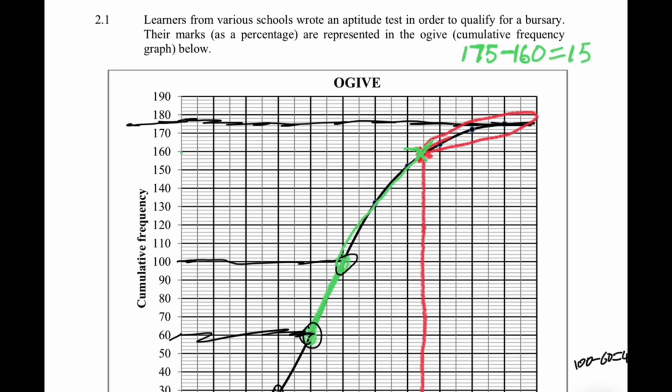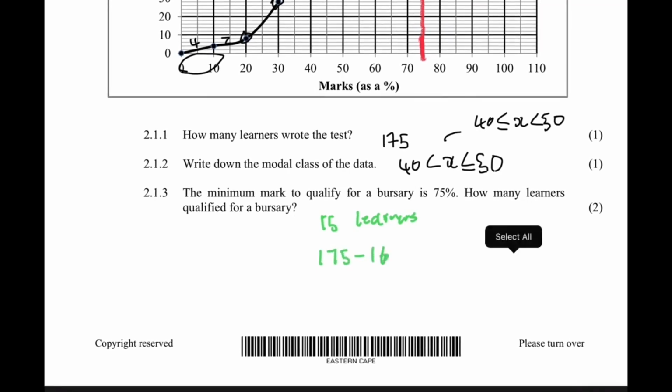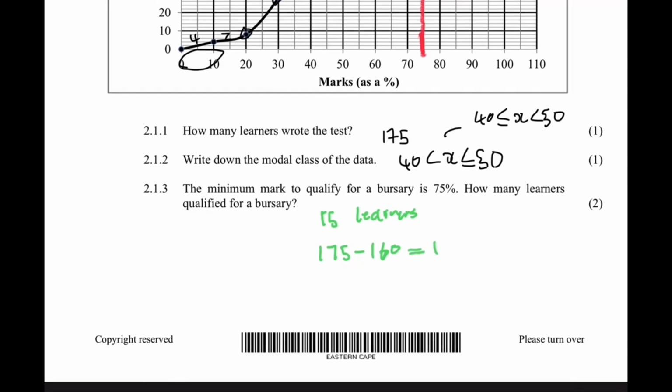So only 15 learners got 75% and above. So they are going to get the bursary, but everybody else didn't. So how many learners qualified for the bursary? 15 learners qualified for the bursary. But you don't just write 15, you have to show that you are saying 175 minus 160 is equal to 15, and then you'll be fine.